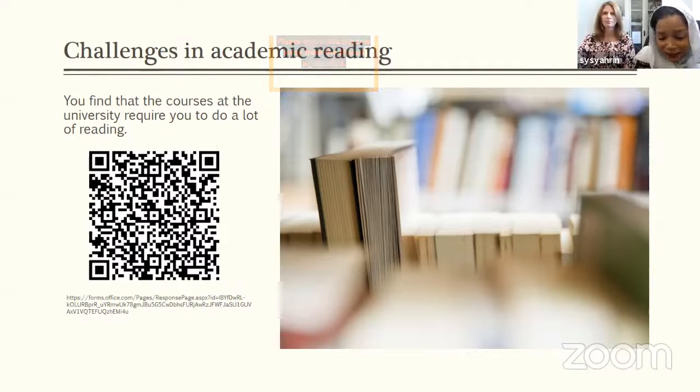Today's workshop focuses on academic reading, particularly reading textbooks and journals required for your studies. Academic reading requires a set of strategies that might be different from reading a schedule for a movie, for example.